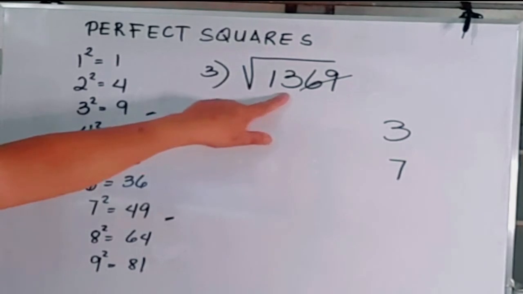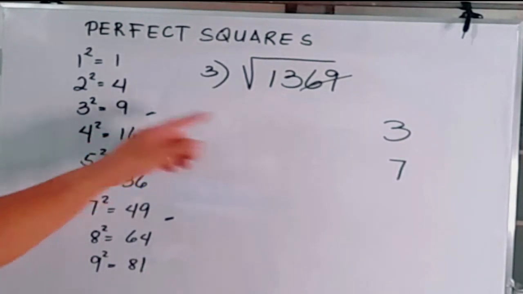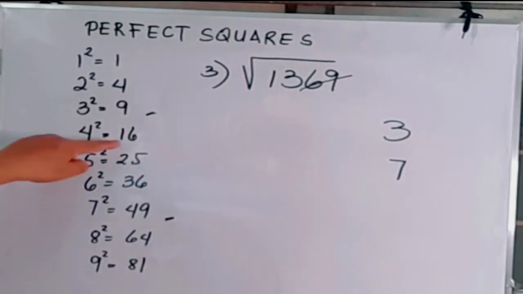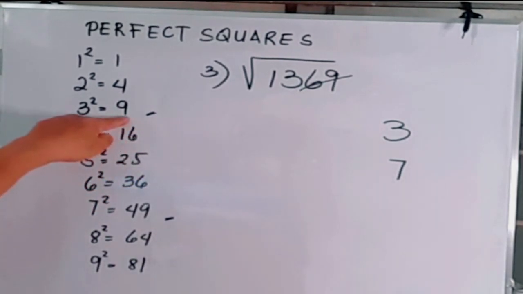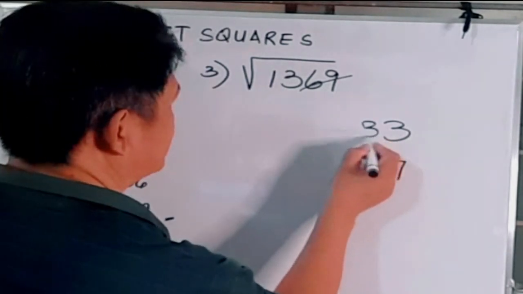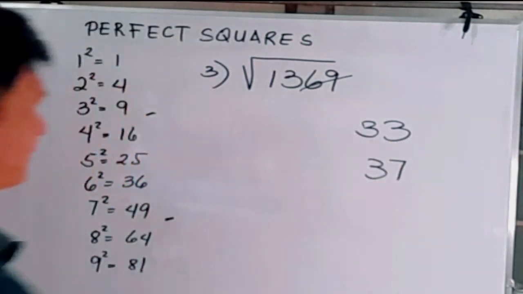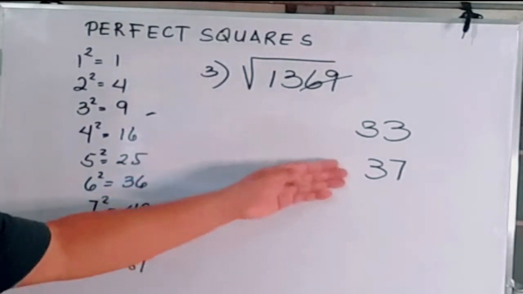Now, we go to 13. What is the perfect square lesser than 13? It's not 16 because 16 is greater than 13. The next one is 9. So therefore, your first digit is 3. Now, which one is your answer?